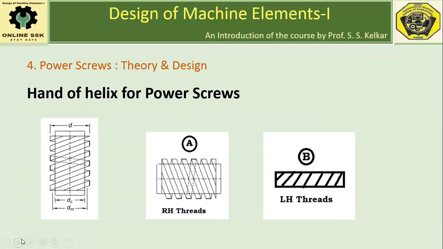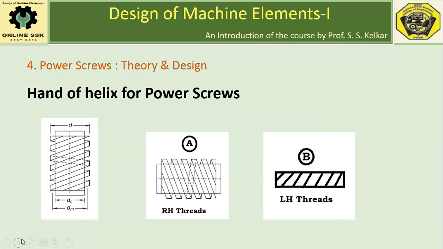Means its axis should be in horizontal position. The screw whose hand of helix is required to be recognized is to be kept in horizontal position, and then notice the leaning of the helix.